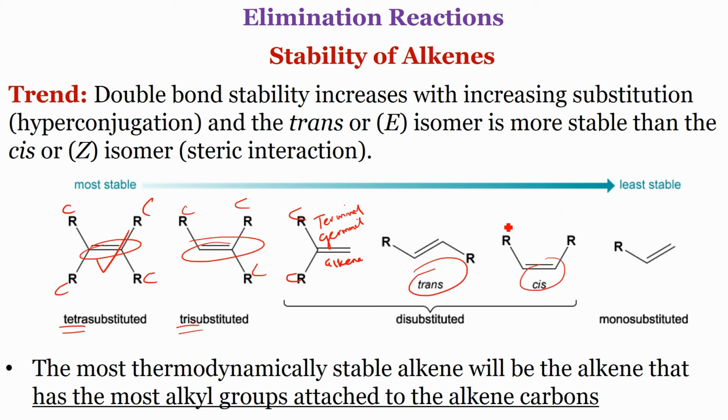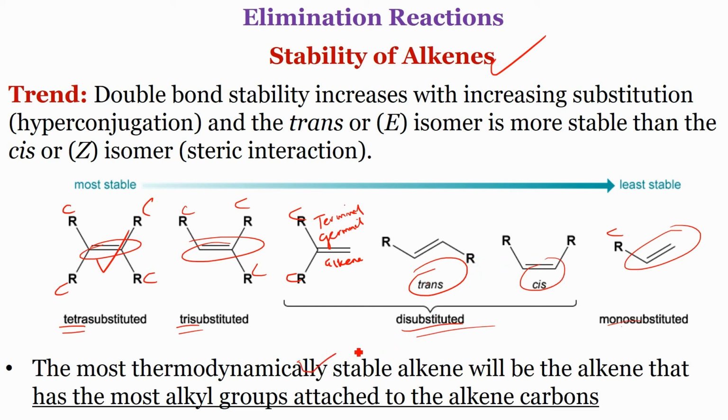So most of the time the trans wins because the groups are further apart, minimizing sterics, and the disubstituted will win over where you only have 1 carbon attached to the double bond, which is mono, according to the Zaitsev rule trend. Stability of alkenes: the more alkyl groups, the more stable the alkene is, the more likely it's going to be formed after a reaction.